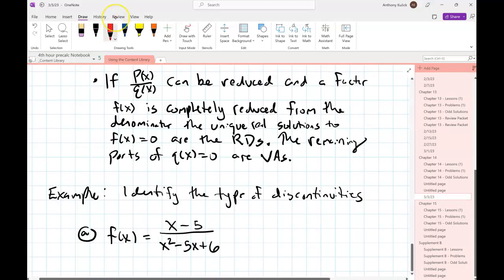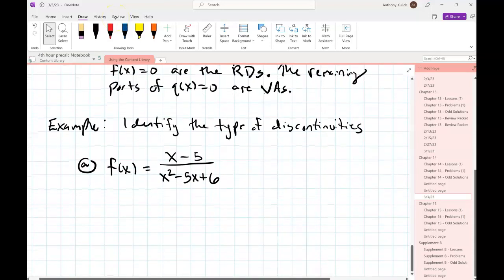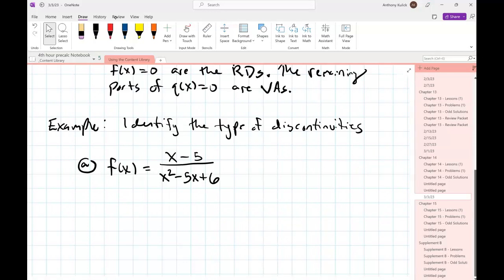All right. So let's say that we have x minus 5 over x squared minus 5x plus 6.